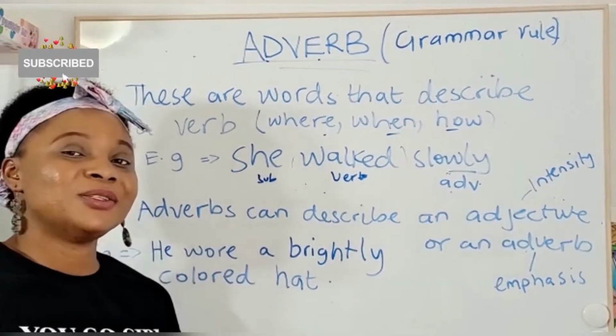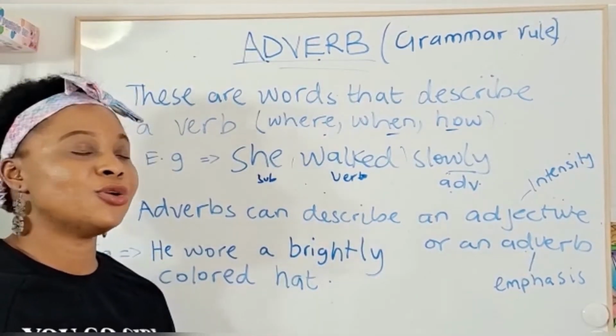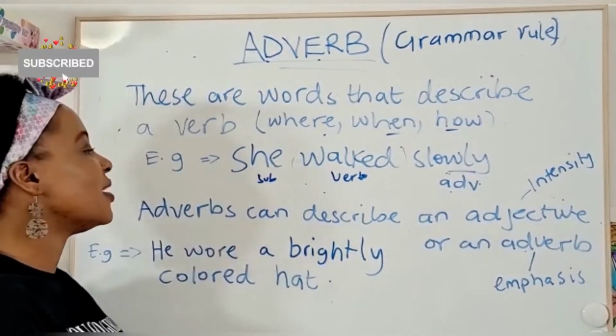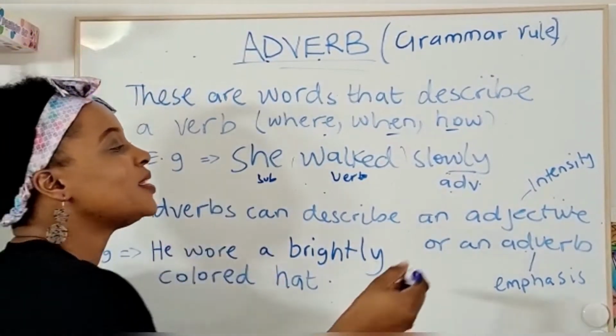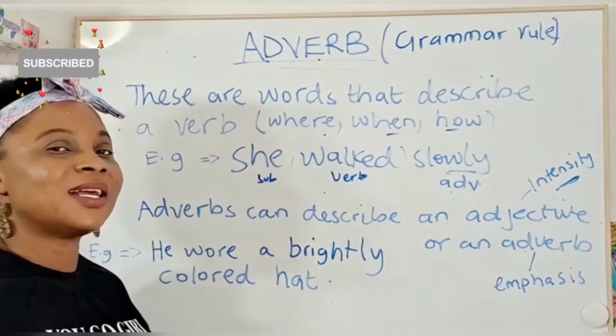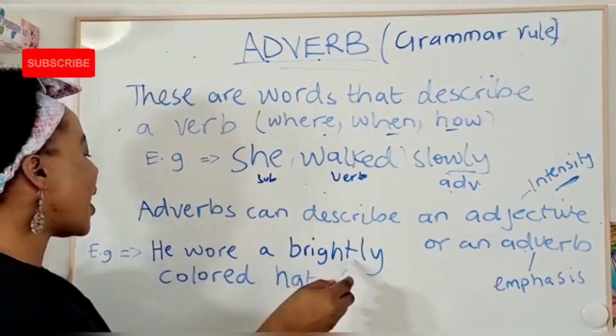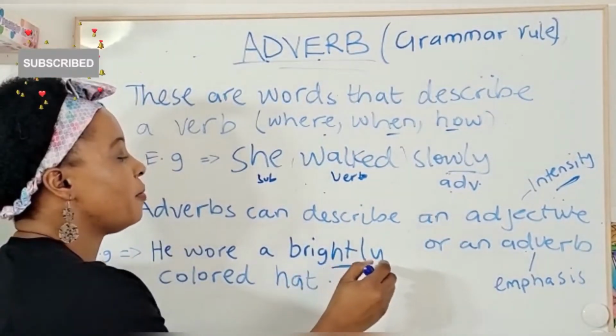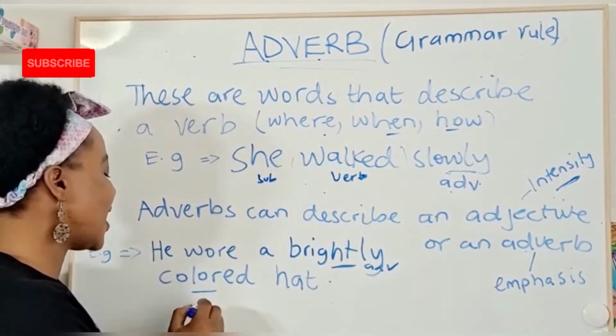Now I want to bring another knowledge to us, for those of us that do not know, that the adverb can also describe an adjective. And when you describe an adjective, it just simply tells us the intensity of that adjective, or what happens to the adjective. For instance, he wore a brightly colored hat. So brightly is the adverb and colored is the adjective.